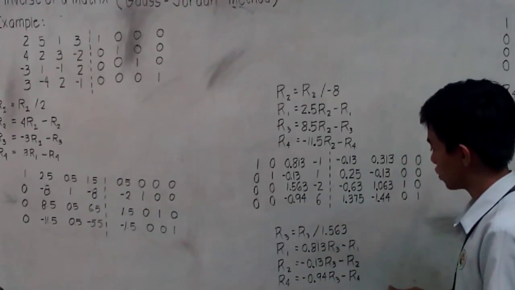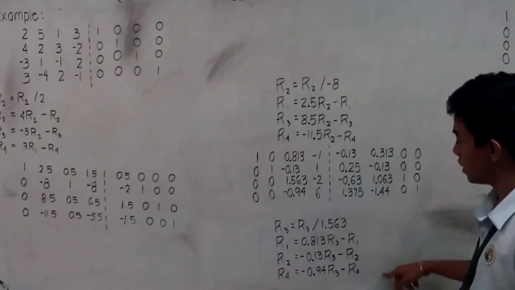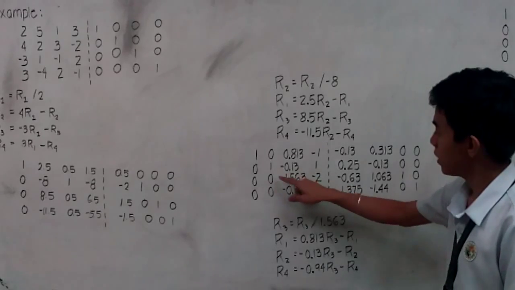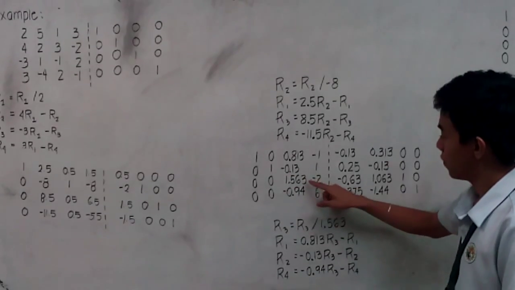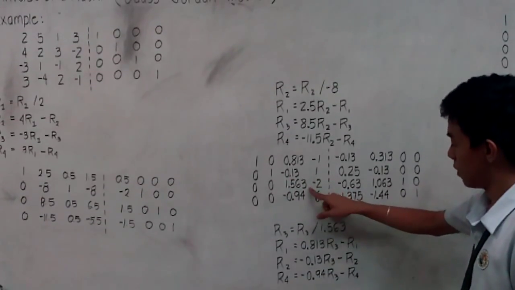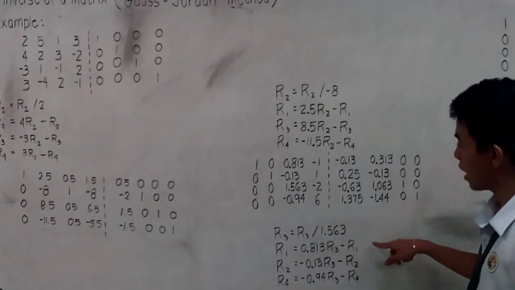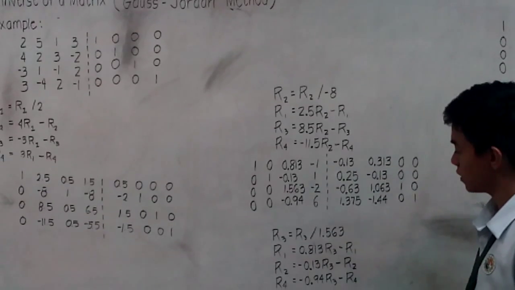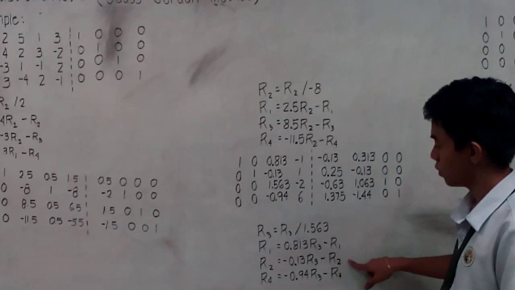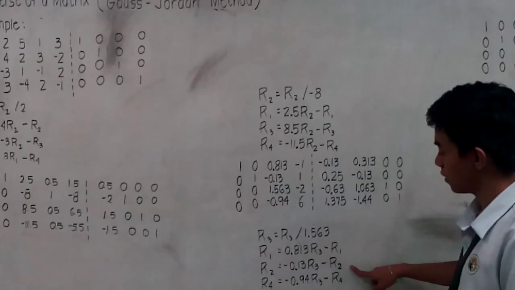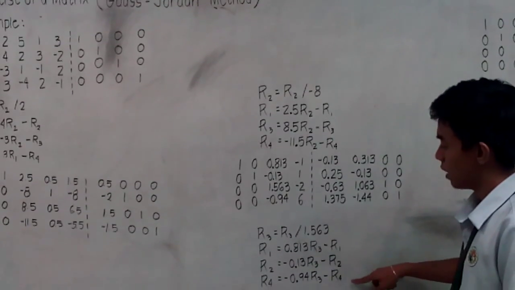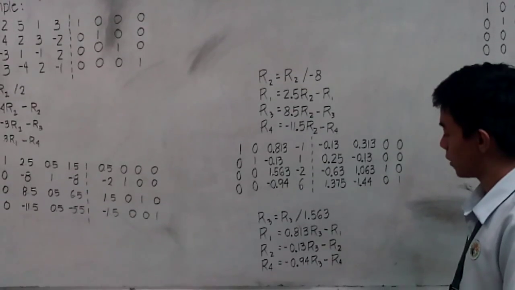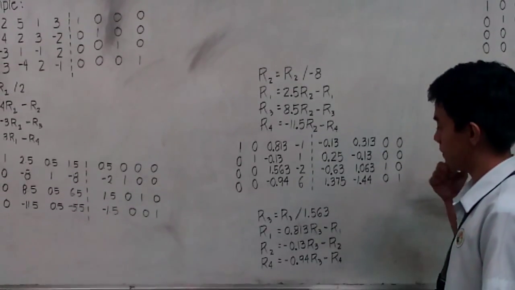We have these equations. R3 is equal to R3 divided by 1.563, which is the coefficient of the third row and third column element. And then R1 is equal to 0.813 R3 minus R1. R2 is equal to negative 0.13 R3 minus R2. And lastly, R4 is equal to negative 0.94 R3 minus R4.